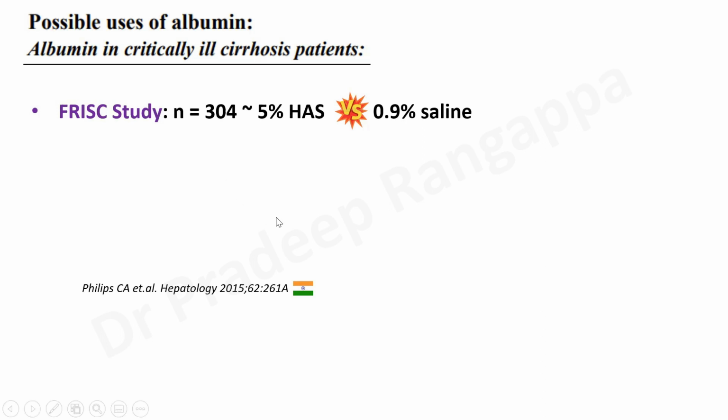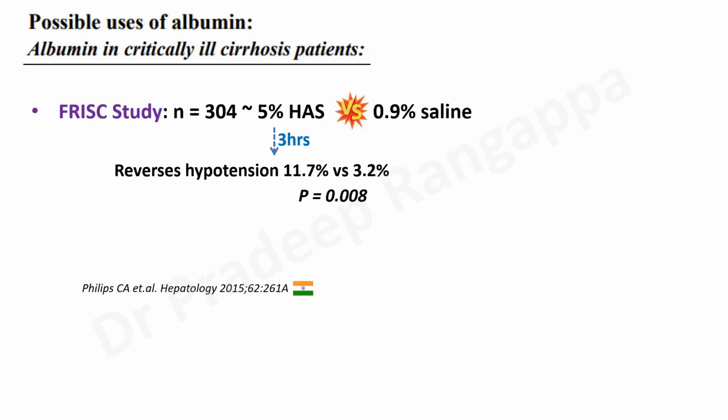Here they've used 5%, and I hear 5% albumin is available in our country as well. They used 5% human albumin compared to 0.9% saline as a resuscitation fluid, and they found reversal of hypotension was much better when 5% human albumin was used, 11.7% recovery versus 3.2% recovery in saline. And that was significant as well.